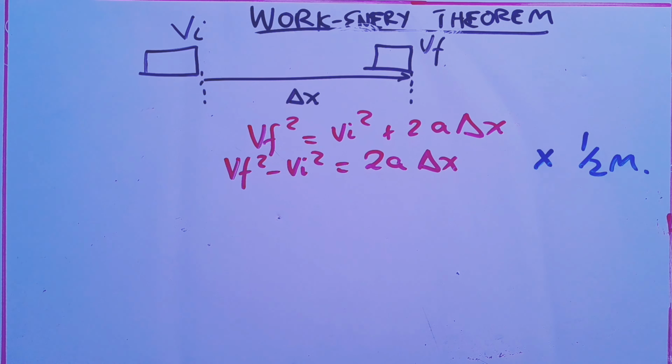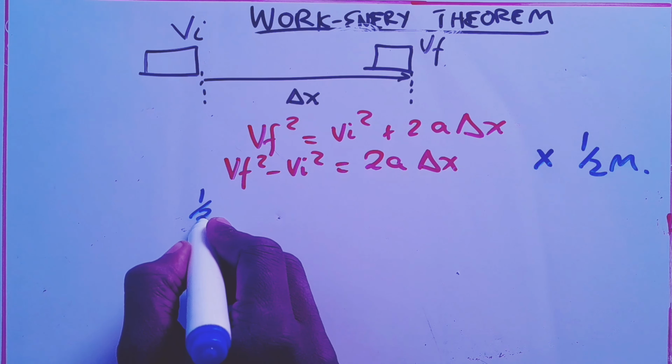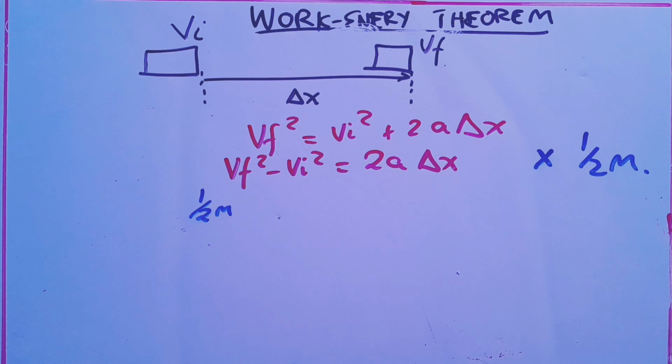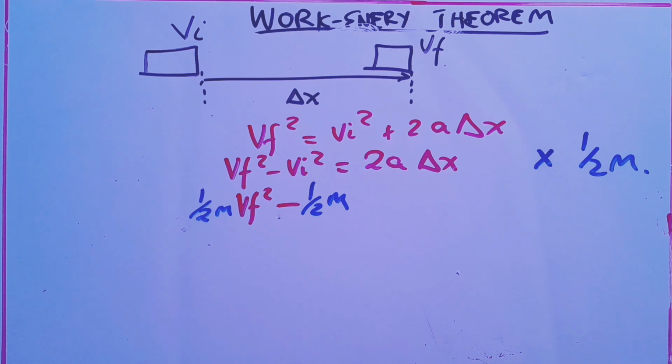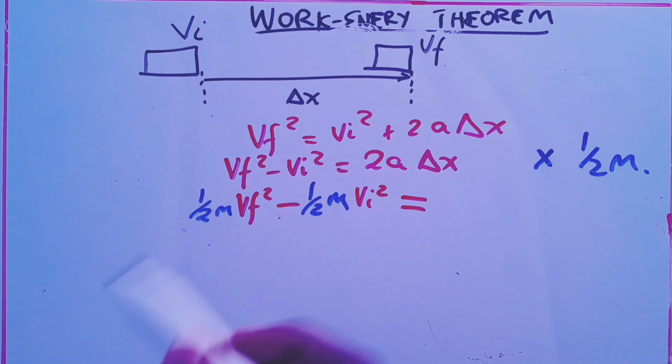So half m times Vf squared minus V initial squared is the same as half m times 2 acceleration change in x.